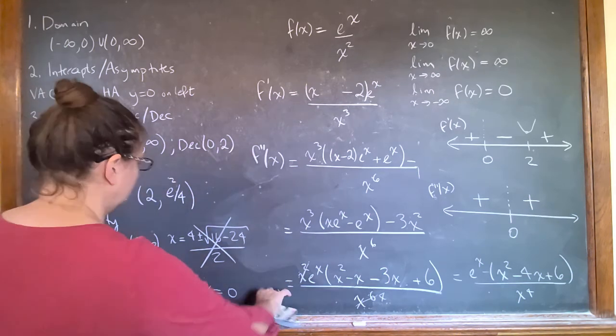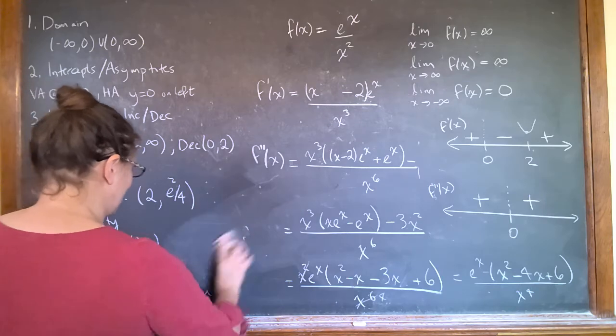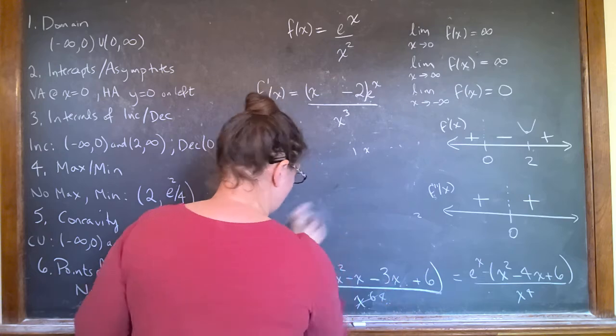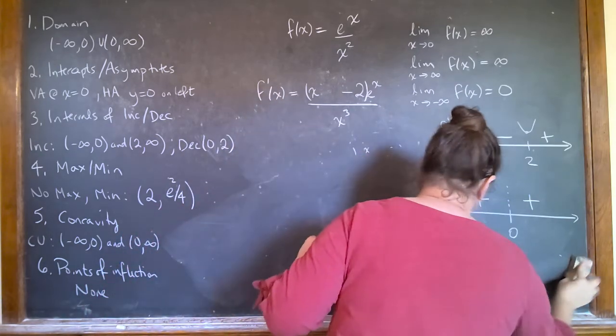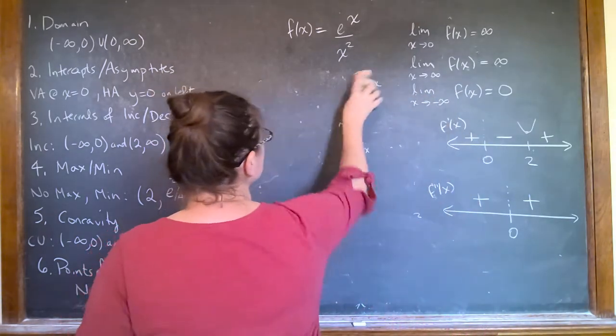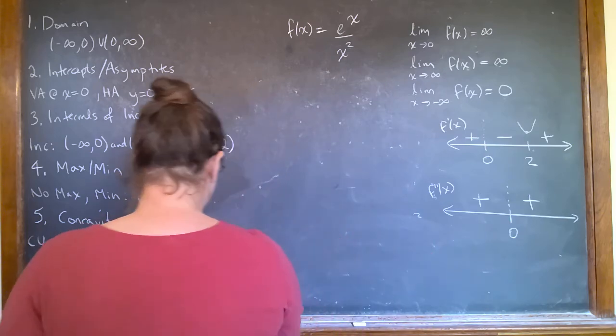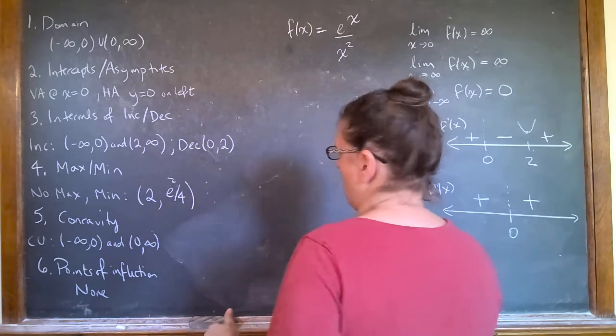All right. So let's erase this stuff. And sort of see what we've got here. This is a graph which doesn't have a whole lot of points to put on, right?